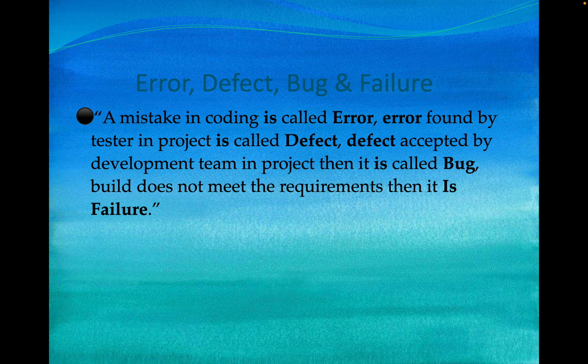So you should also mention which other features are going to be affected because of the defect or bug, and that you might not be able to continue to execute the following test cases.